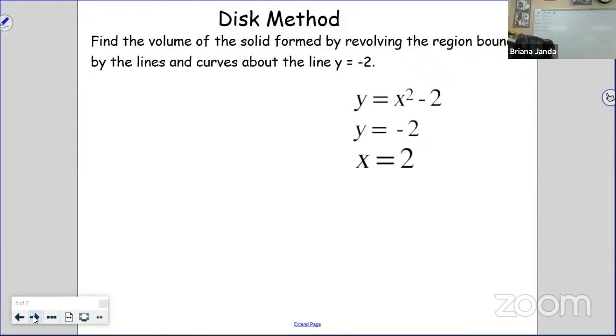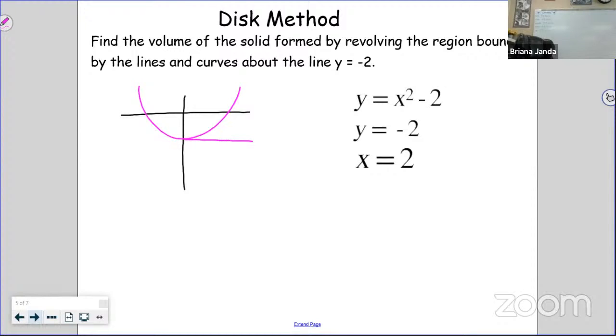Okay, so this one's kind of a basic example to ease us into this. First things first, draw a picture of what we got going on, right? So the equation y equals x squared minus 2 is a parabola. Move down 2. The line y equals -2 is a horizontal line drawn down 2.